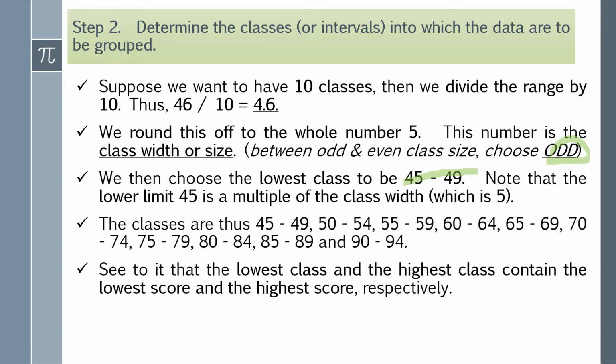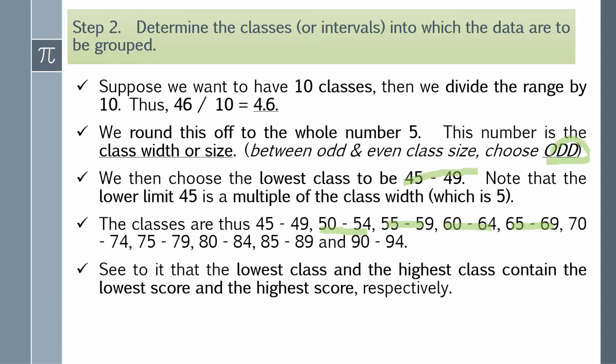Yung mga susunod na classes natin ngayon, we have 50 to 54: 51, 52, 53, and 54. Next we have your 55 hanggang 59: 55, 56, 57, 58, and 59. Next we have your 60 to 64, 65 to 69. Kung mapapansin natin, all of these classes contain 5 values or 5 numbers.